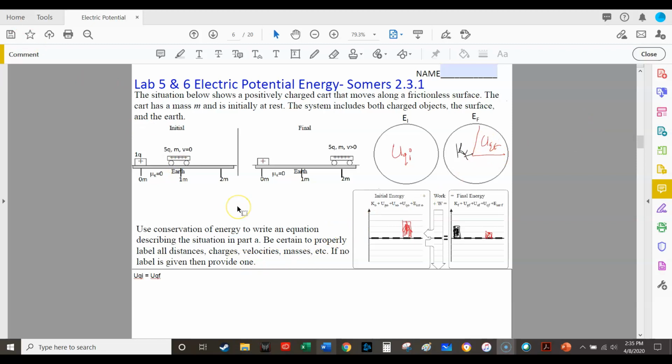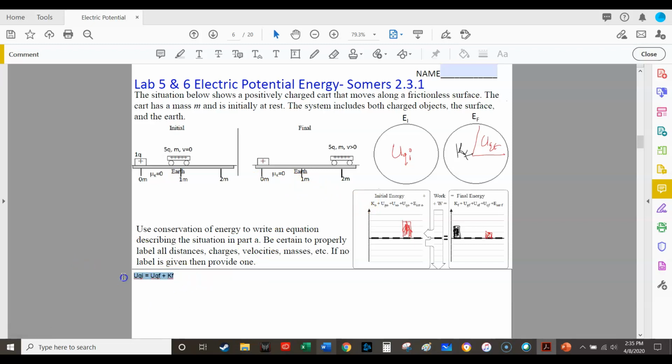So it's equal to U sub Q f, and in this final pie chart there's also kinetic energy here too, plus K final. Okay, K final.